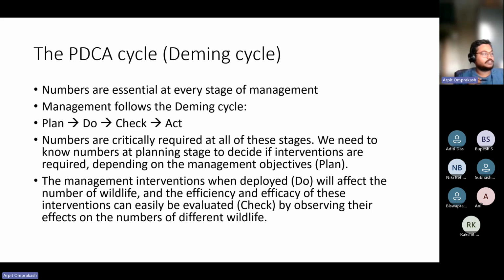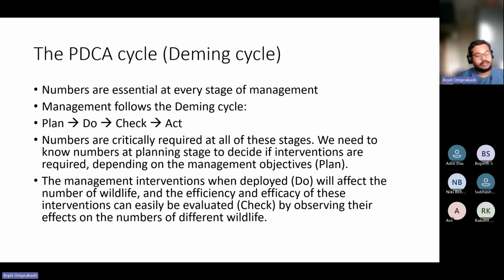The first thing is plan, and planning involves assessing the number of individuals of a given population, deciding whether it is high or low, or things like that. That is known as planning.